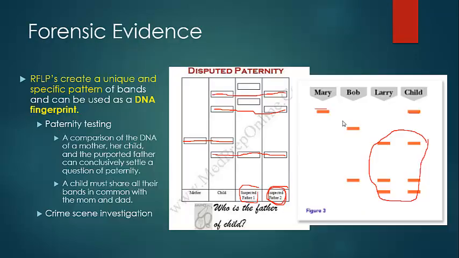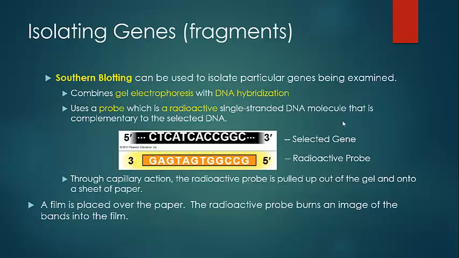In order to isolate these genes or these fragments, we're going to use a process called Southern blotting. Southern blotting is going to combine gel electrophoresis with a process called DNA hybridization. In DNA hybridization, we are going to use a radioactive probe in order to isolate a selected gene. So if you look here, you see our selected gene that we want to isolate.